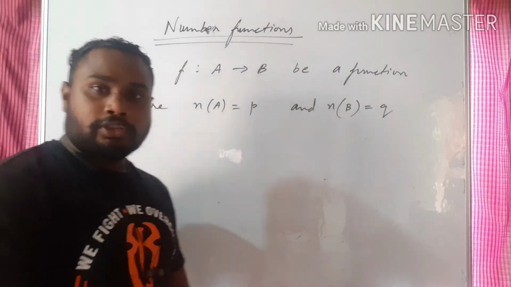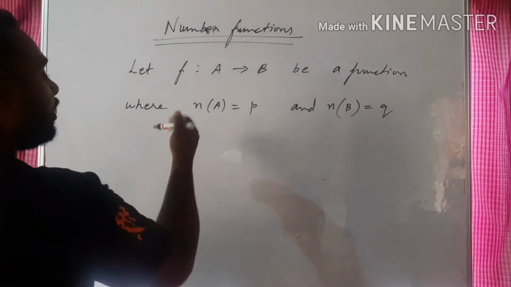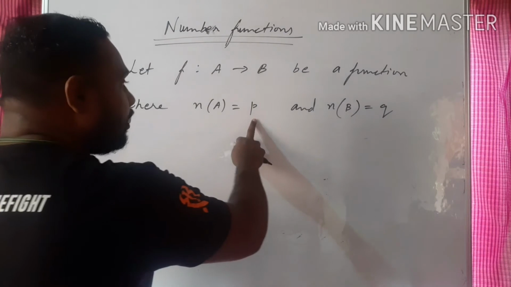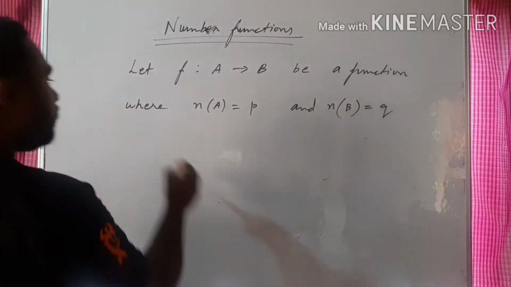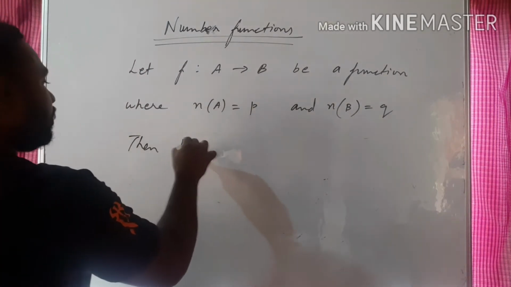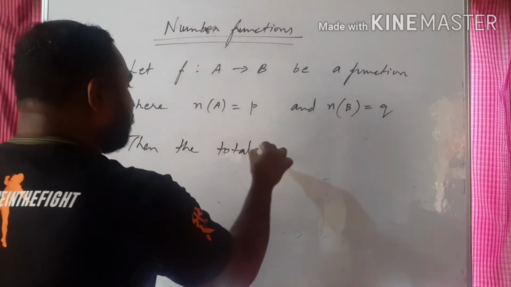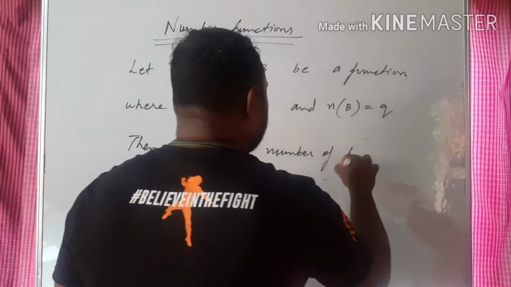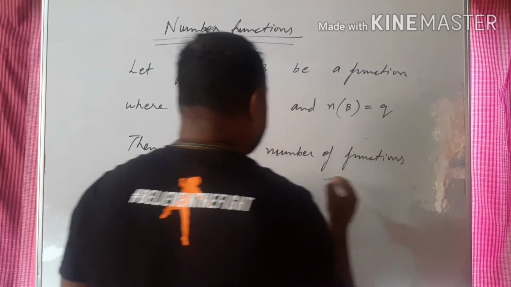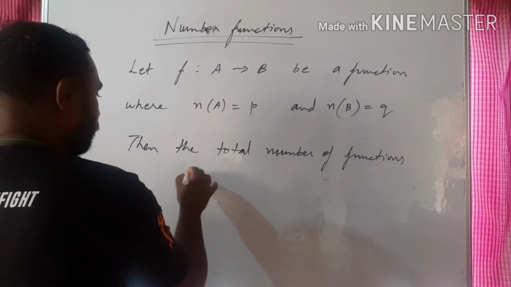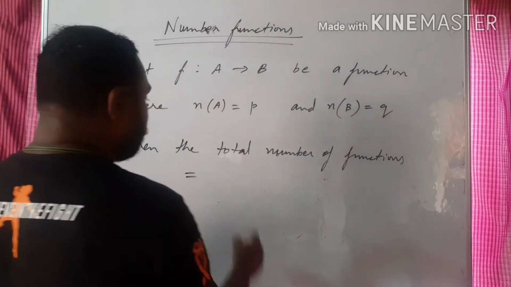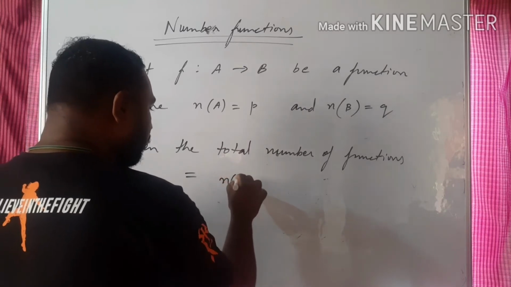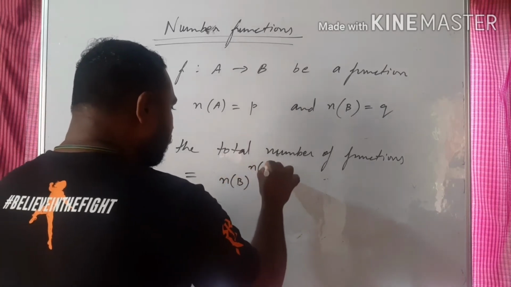If I am taking a function whose cardinality of a is p and cardinality of b is q, then the total number of functions will be equal to the cardinality of b to the power cardinality of a.